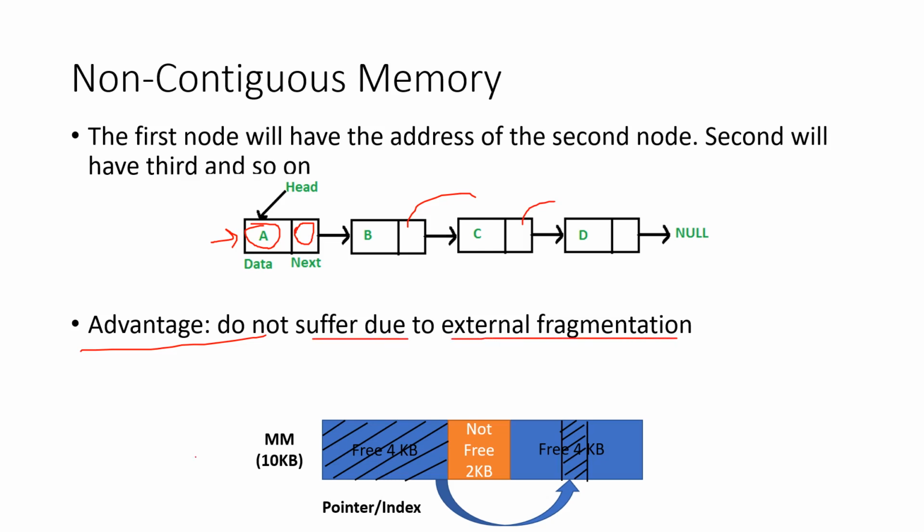So this is your main memory having 10 KB, and for the previous case, if P requires 5 KB, and if this is the situation, here again 2 KB is utilized. So what we can do is, out of 5 KB we can use this 4 KB, and the remaining 1 KB we can allocate here. So the external fragmentation is not there in non-contiguous memory.